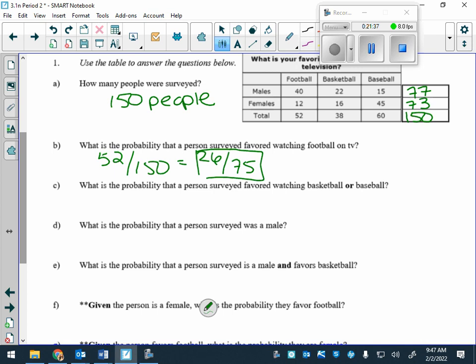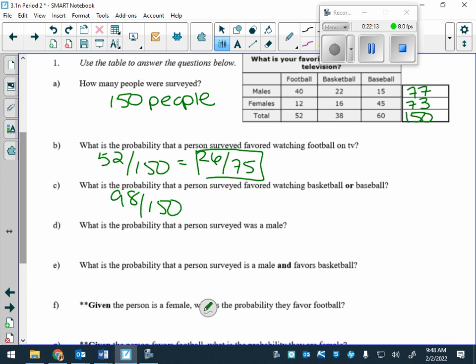All right. What is the probability that a person surveyed favored watching basketball or baseball on TV? Basketball or baseball? Yeah, Eleanor. How'd you get it? Good. 98 out of 150.